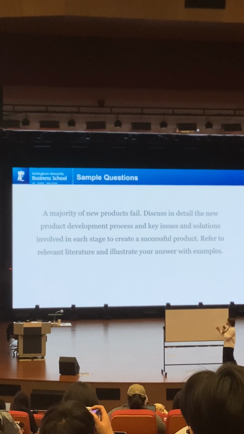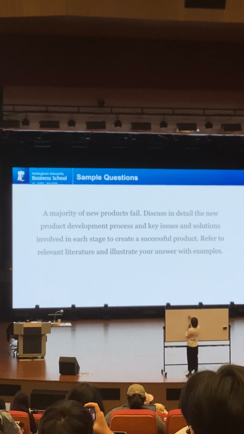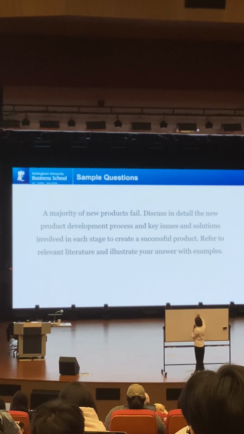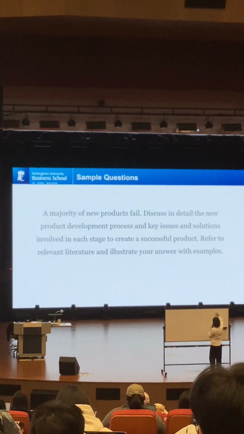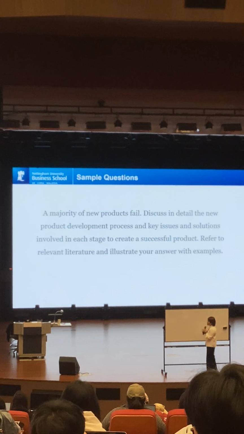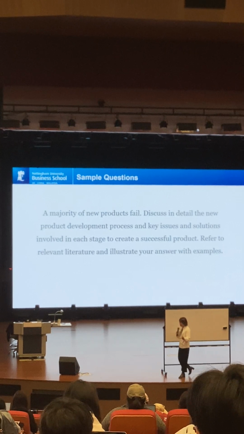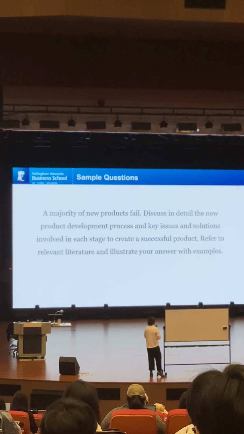So, the typical structure is to briefly mention the phenomenon or reality, and then clearly state the aim of this essay. The aim of this essay is to discuss and assess, okay?